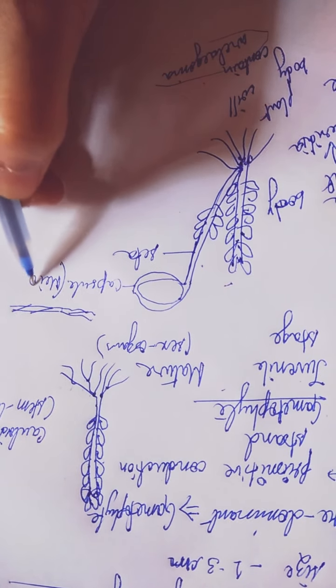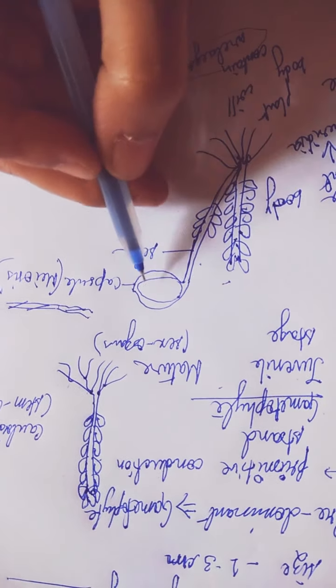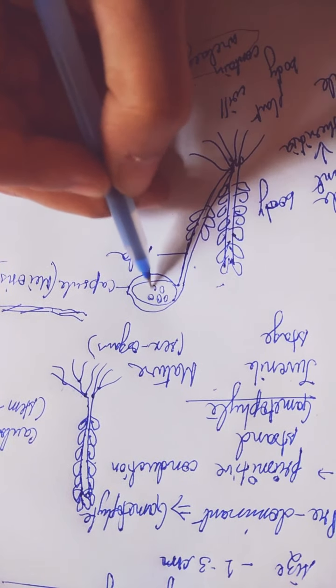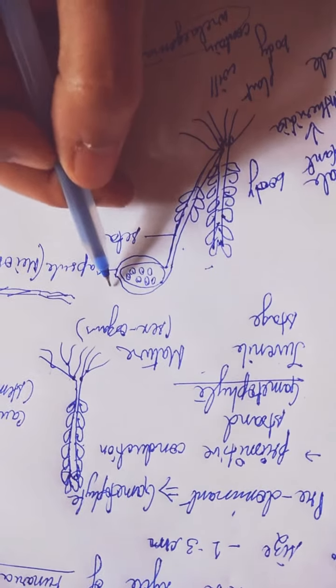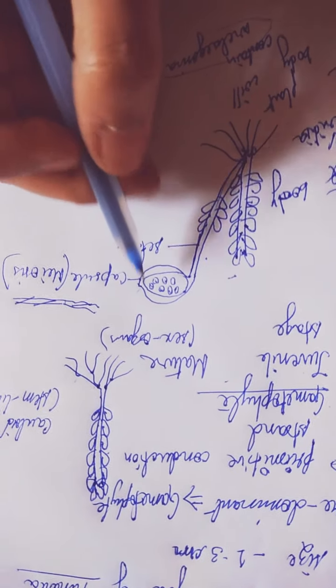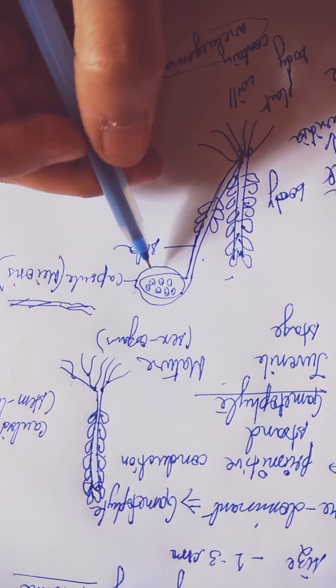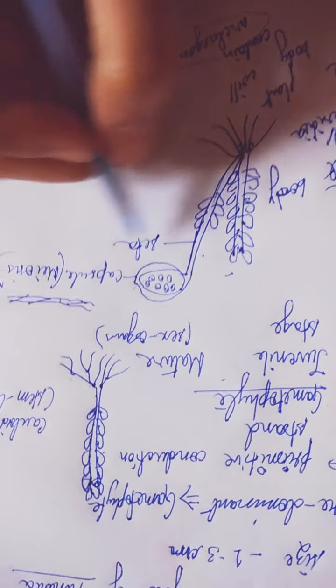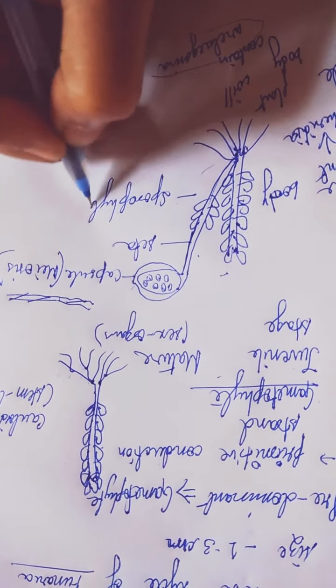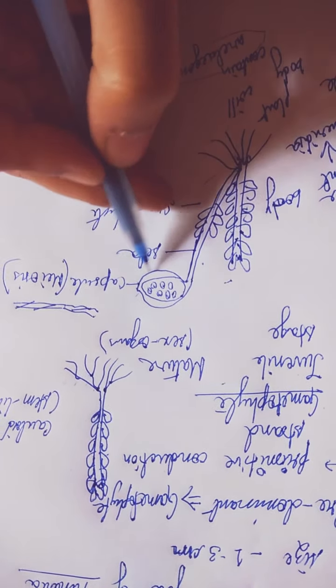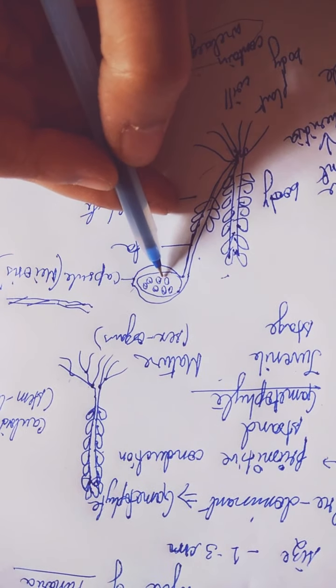After the process of meiosis, spores are present within the capsule, and after a certain period of time the capsule will break off and release all the cells. This entire structure is known as a sporophyte, because all these cells will be 2n in number.